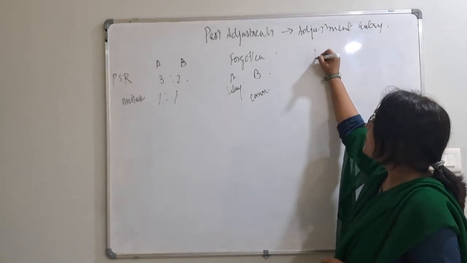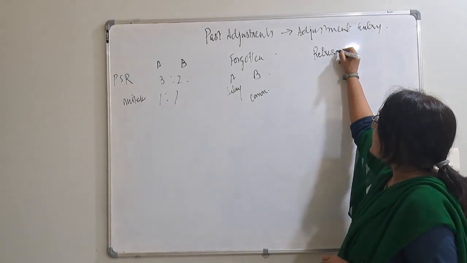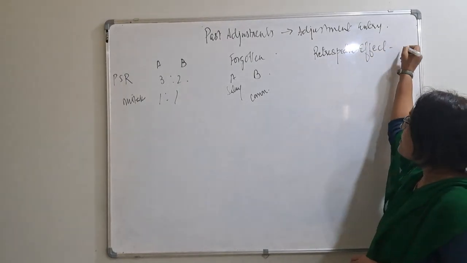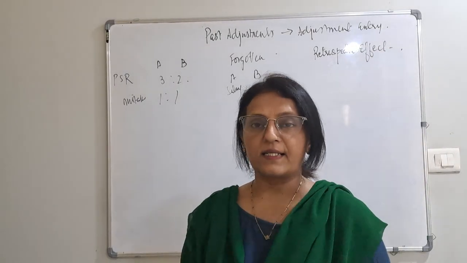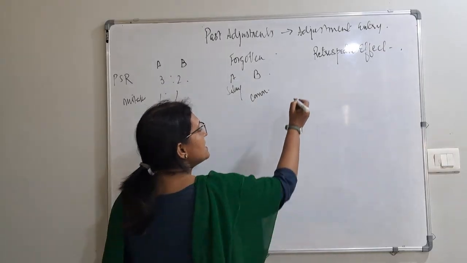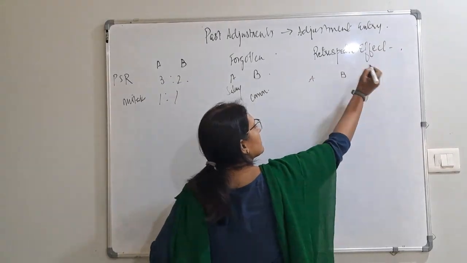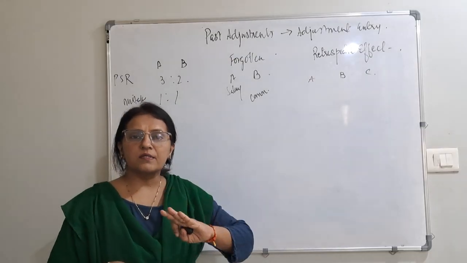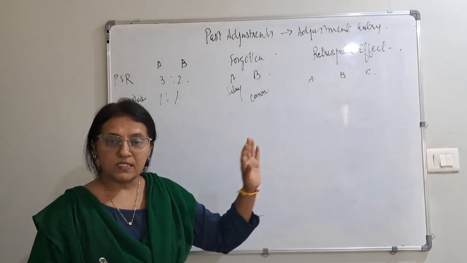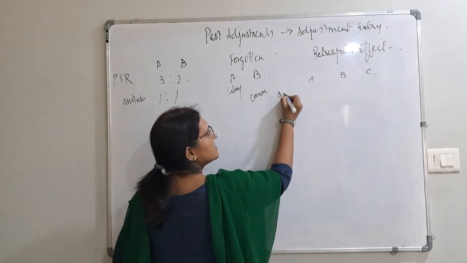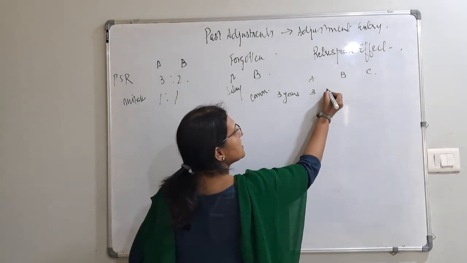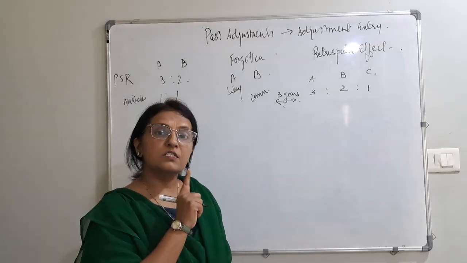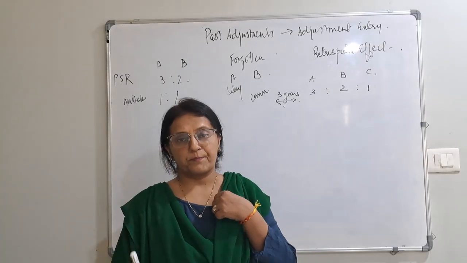Third one is when there is retrospective effect. Now I'll take an example. A, B, C are partners. 3 partners are there, and for the past 3 years they have been running the business, and their profit sharing ratio was 3:2:1. For these 3 years they have distributed the profit in 3:2:1.